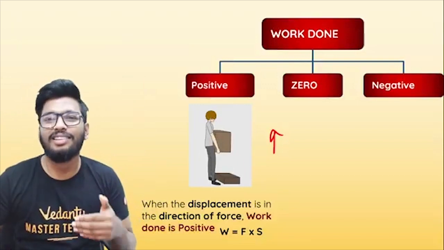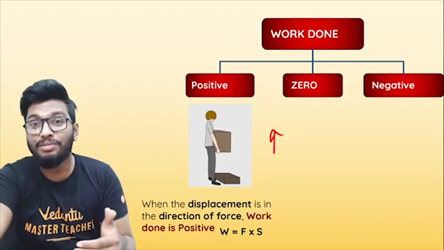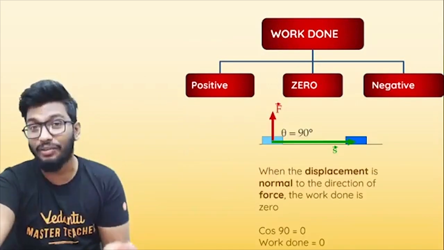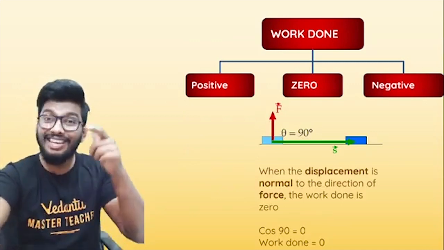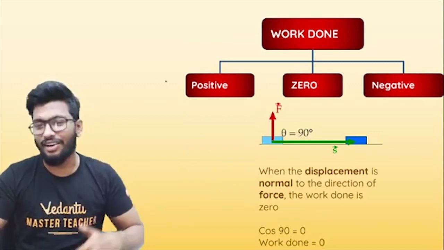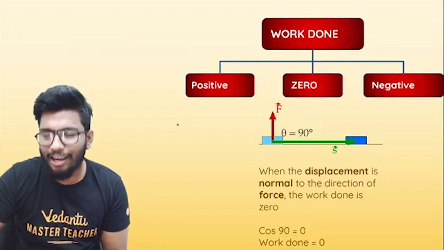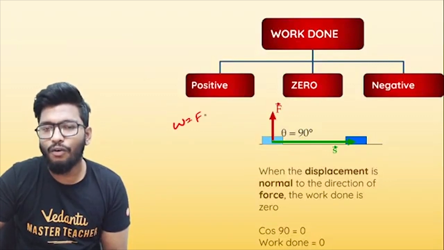Zero work is done when the force and displacement are perpendicular to each other, when it's at 90 degrees to each other. The reason why this is zero, think about it, guys. Because the actual formula of work done is force times displacement times cos theta.